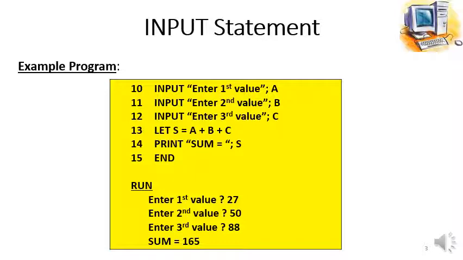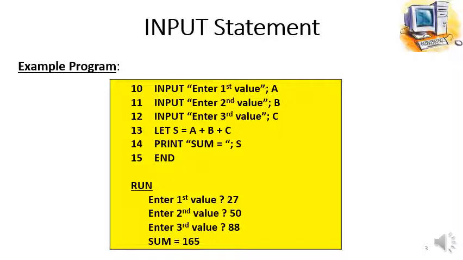Let s is equal to a plus b plus c. Whatever the values of a, b, and c that we have input at runtime, those will be added, and the result will be stored inside the variable s. And then with the help of the print statement we are displaying the value of s, which is actually the sum, and then the program ends. So when we execute this program, this will be the output.